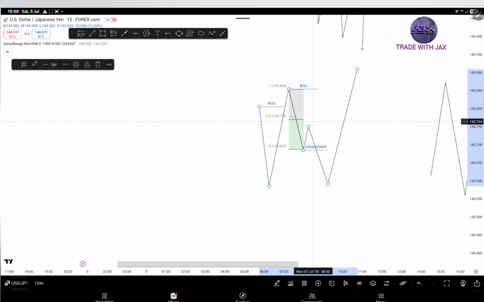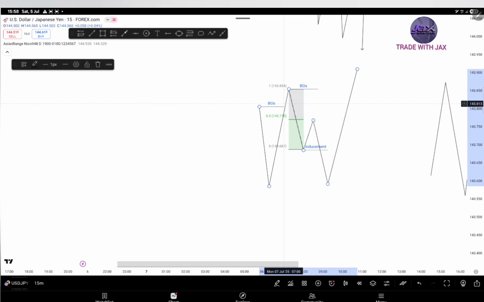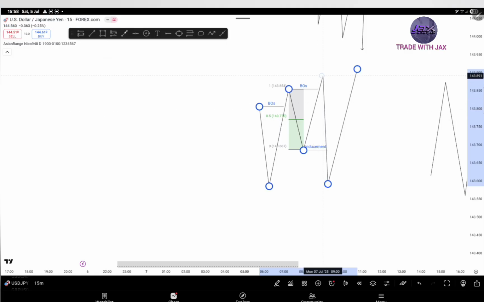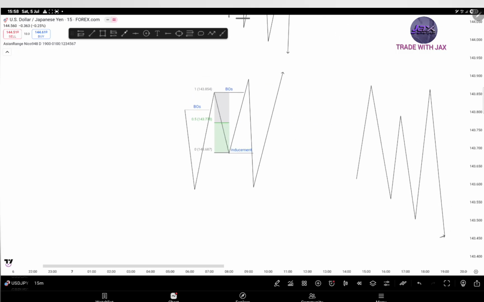This trade is not valid at all. At least this price should push 50% of the move before coming down. But still, it is best if it breaks structure. That's the best. But if you're to take a trade without it breaking structure, make sure that it moves at least 50% of the entire move.